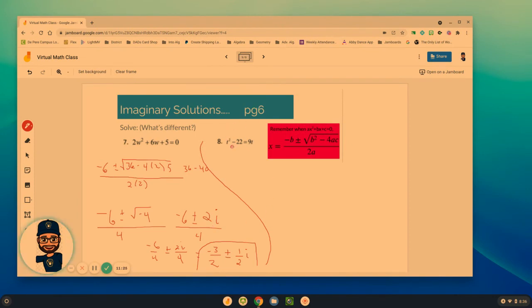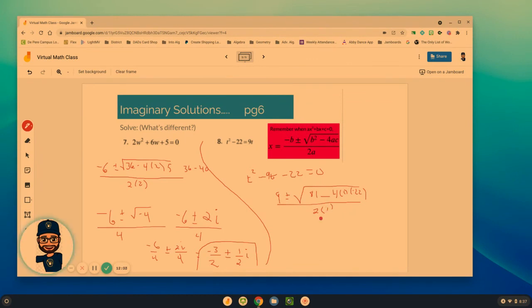So let's look at number 8. Again, the first thing we have to do anytime we're trying to solve is we really got to try and get our equation equal to 0 so that we can solve. And then we're going to plug it into that formula. The opposite of b plus or minus the square root of b squared minus 4 times a times c all over twice a, which is 2 times 1.